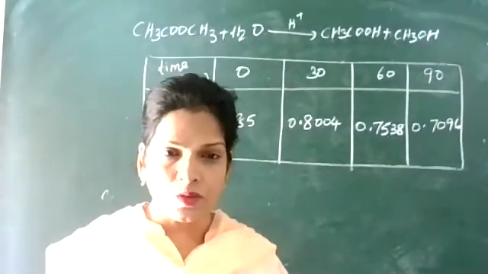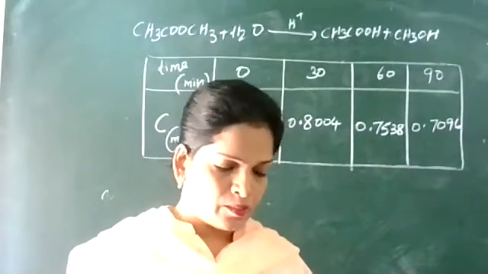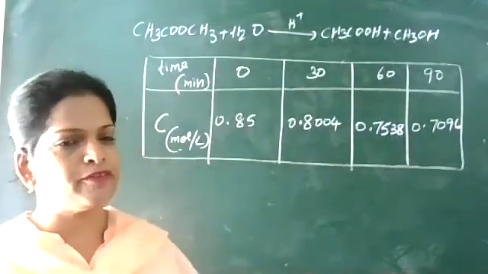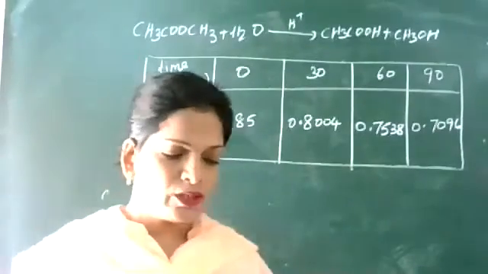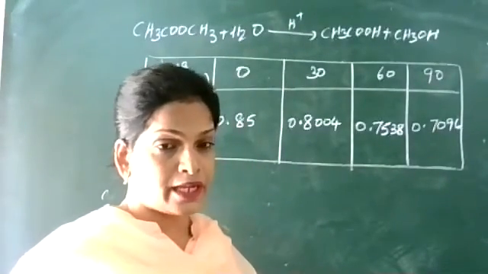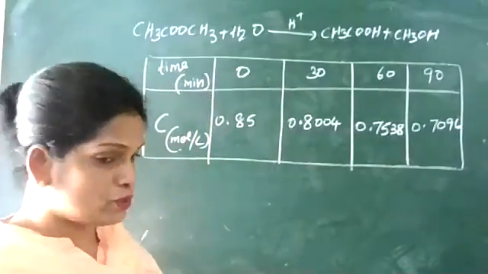What is the concentration of water? 55.55 moles per liter. And K is equal to K dash into [H2O]^1.